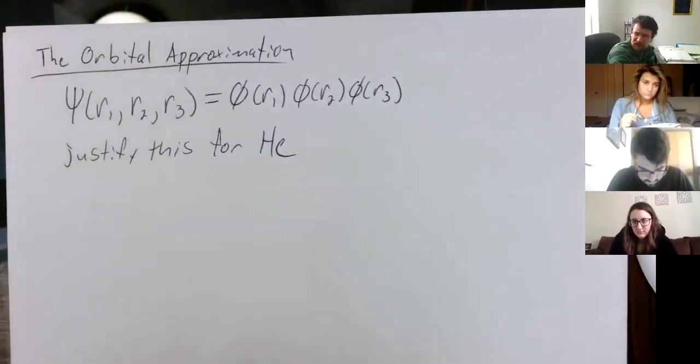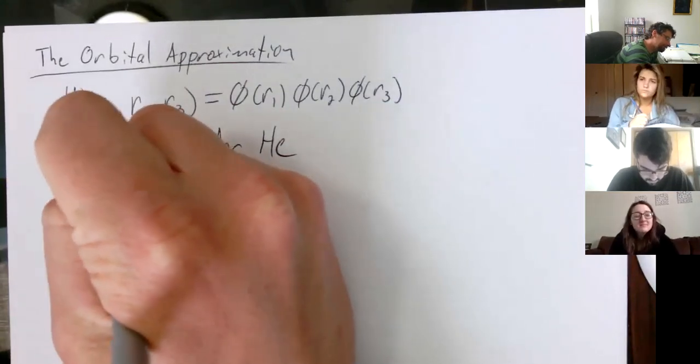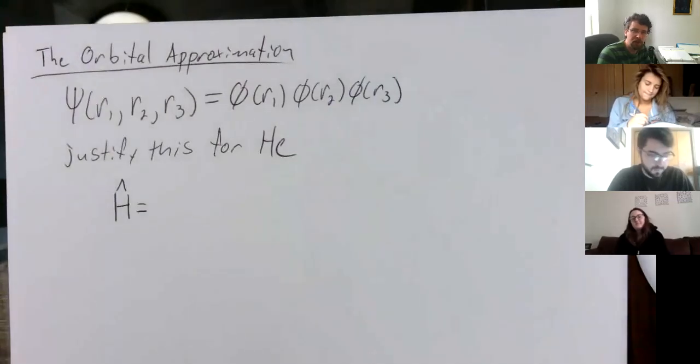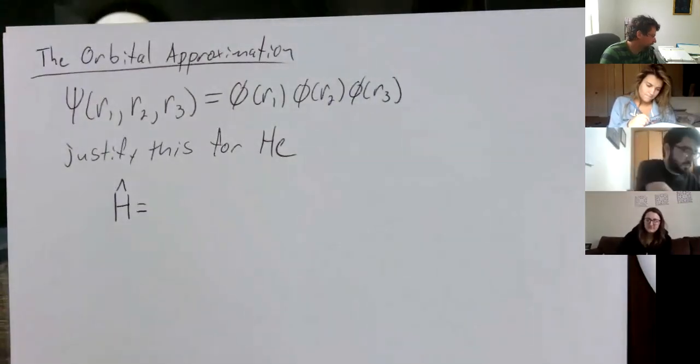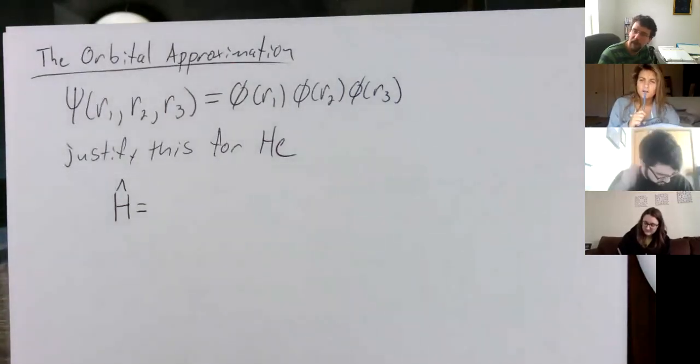So let's jump back to the Hamiltonian of helium. What's that Hamiltonian going to be comprised of? Could you tell me the full formality of it?